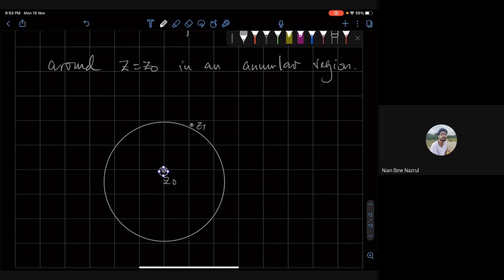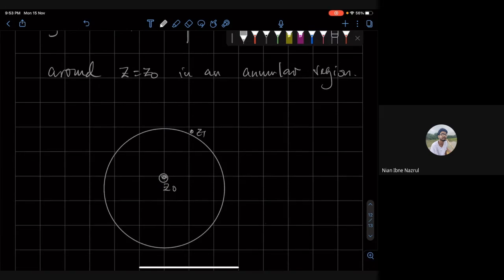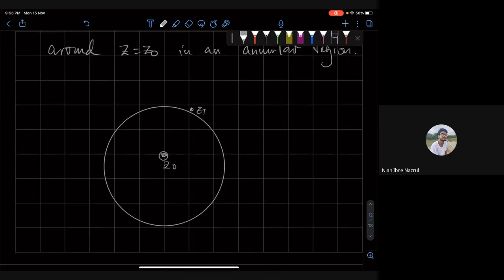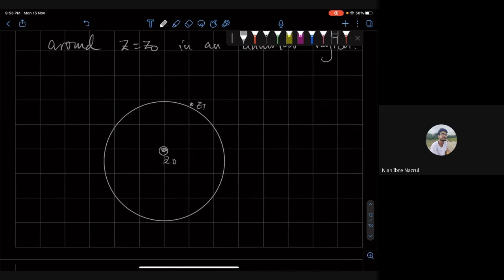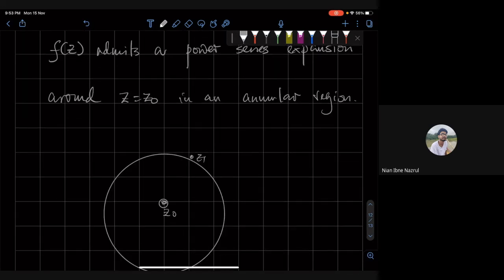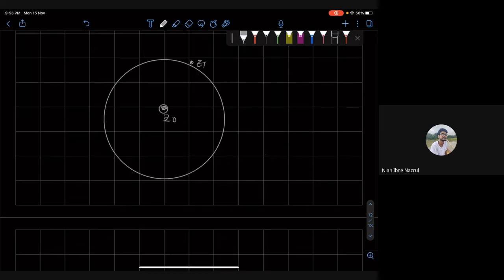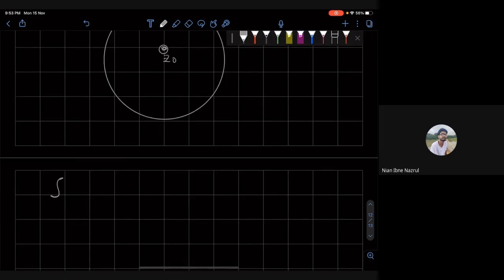Okay, and so if z naught is a singular point, then in this annular region, f of z admits a power series expansion, and the form of the power series expansion is going to be given by these terms. I'm not going to write all the terms. It can be infinite or it can be finite, depending on the function. But it will have terms like these.